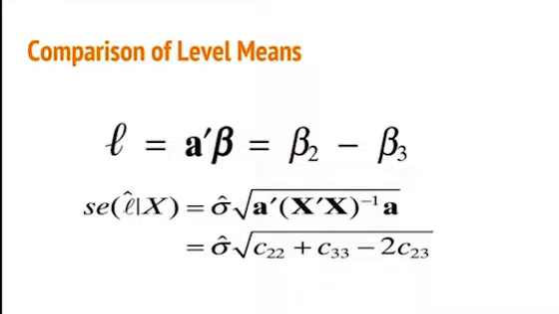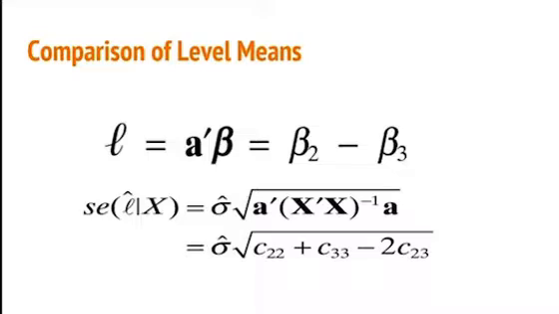Using the laws of statistics, it's basically the variance of beta 2 plus the variance of beta 3 minus 2 times the covariance of beta 2 and beta 3. The only difference is that if I had a plus instead of a minus, the covariance term would just be a plus. So take note of this.